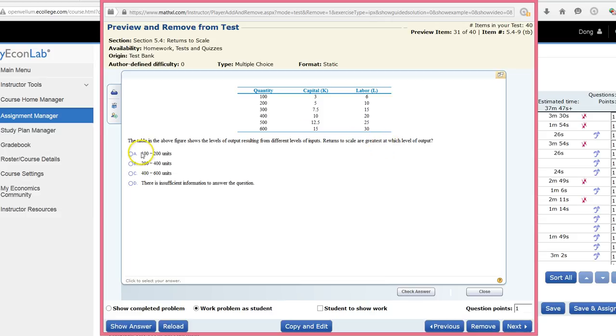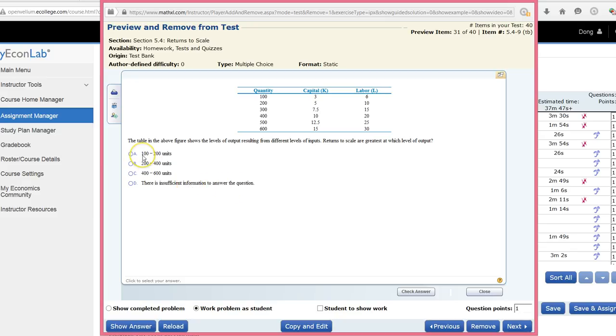We are given 4 choices: A, B, C, and D. A is from 100 to 200 units, B is from 200 to 400 units, C is from 400 to 600 units, and D is there's insufficient information to answer the question.